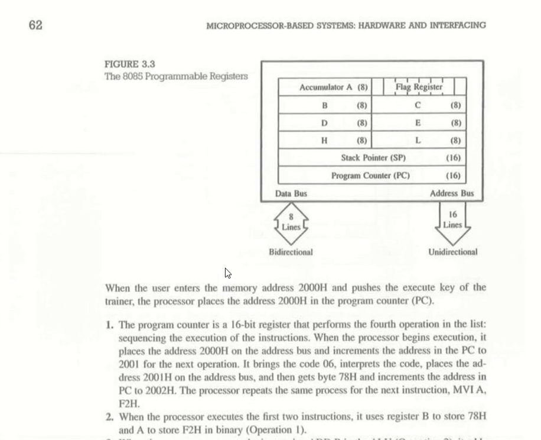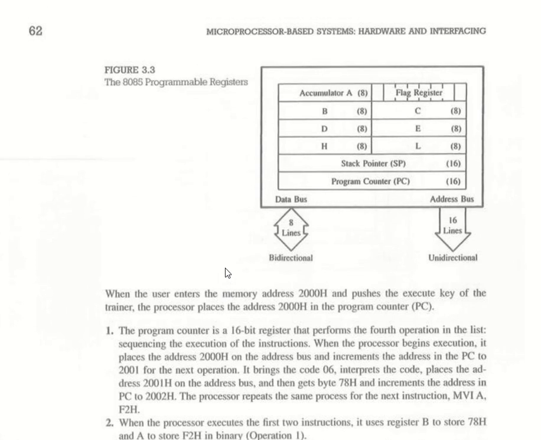So when the processor executes the instruction, whatever instruction it is, it will be executed in the ALU, arithmetic logic unit, and it adds 78h to F2h, because we were executing the add operation here, no other particular reason.